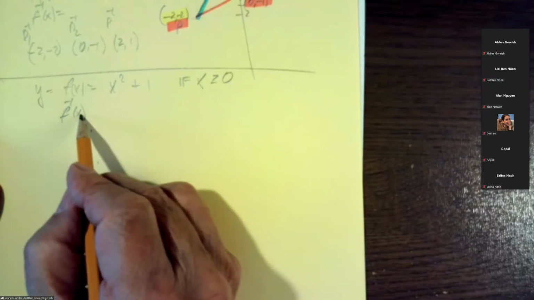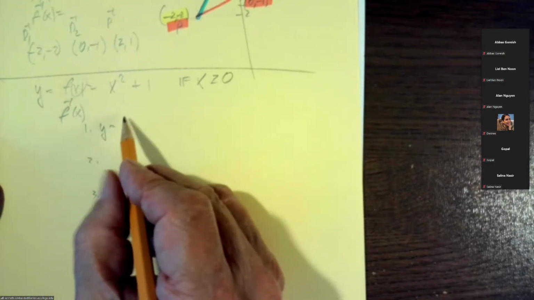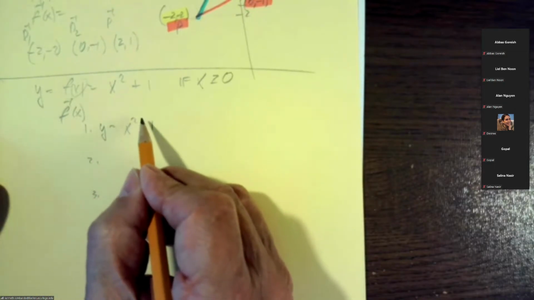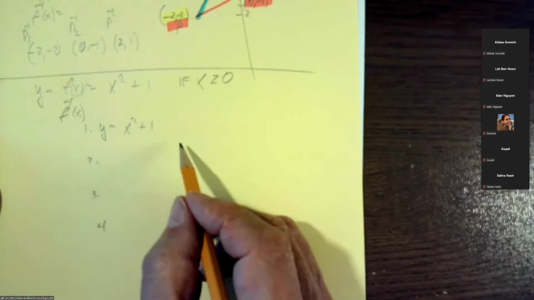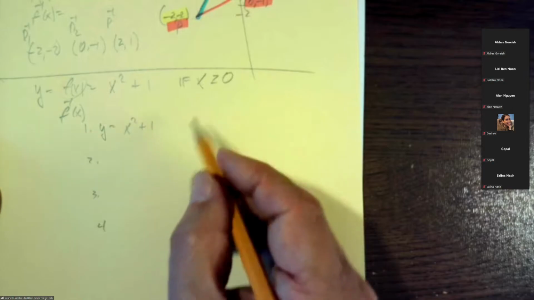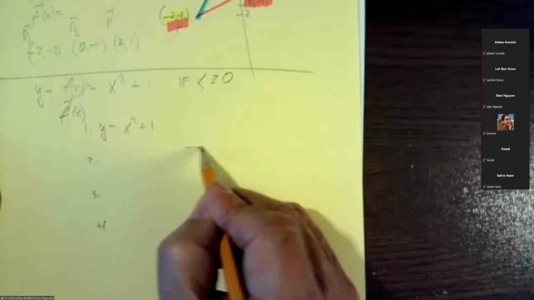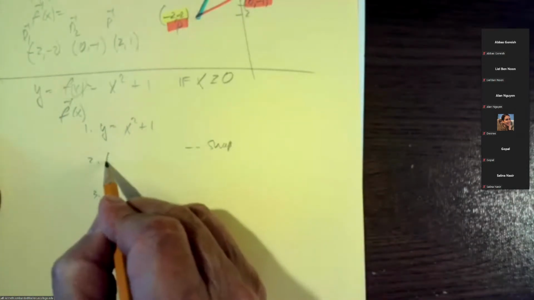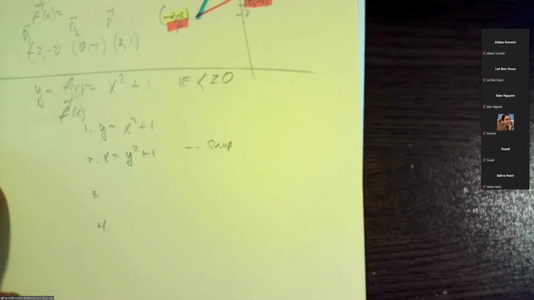So we swap y for f of x, and we say y equals x squared plus 1. Okay, and then what do we do in step 2? x equals y squared plus 1. So we swap the variables. Yes. x equals y squared plus 1. Okay, new volunteer. What do we do next?